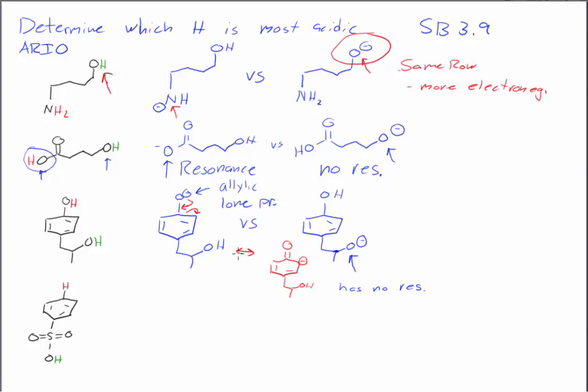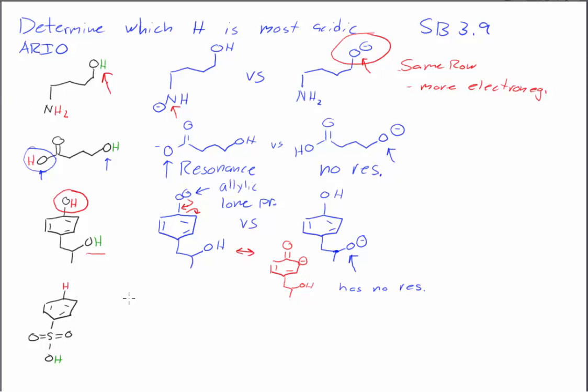And we can draw several more resonance structures. There are two more resonance structures that are possible in this case. And so the red hydrogen is going to be more acidic because its conjugate base is stabilized by resonance, whereas the conjugate base of the green hydrogen is not stabilized by resonance.